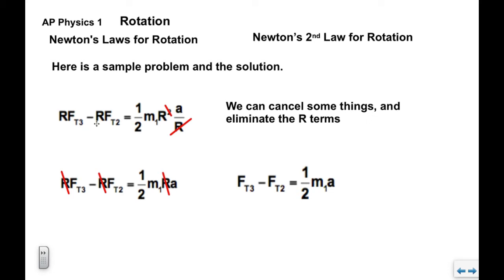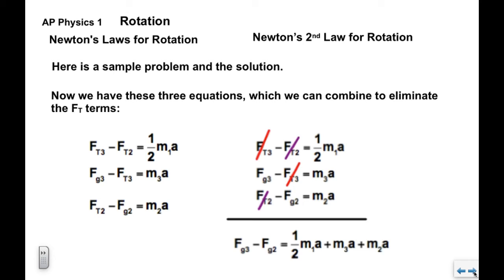R times Ft3 minus R times Ft2 equals I times alpha. We can eliminate this R with one of these, and then these R's with the one that remains, and we end up with Ft3 minus Ft2 equals 1/2 m1a when we eliminate some of the R terms.